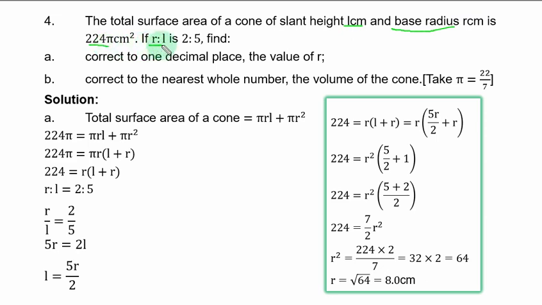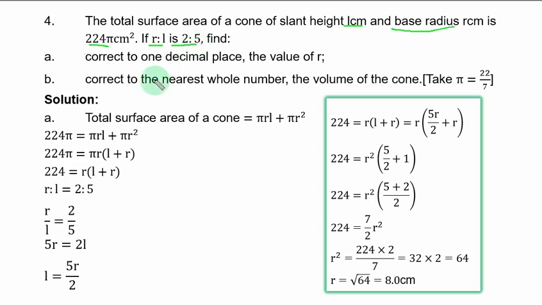If r to L ratio is 2:5, find A. Correct to 1 decimal place the value of r. B. Correct to the nearest whole number the volume of the cone. Take pi equal to 22 over 7.